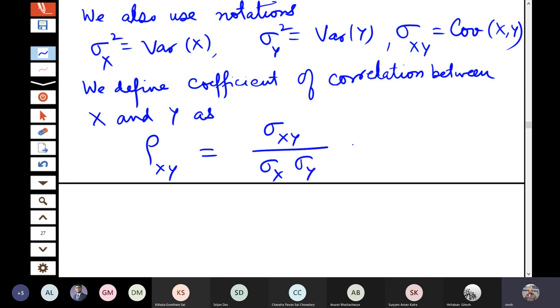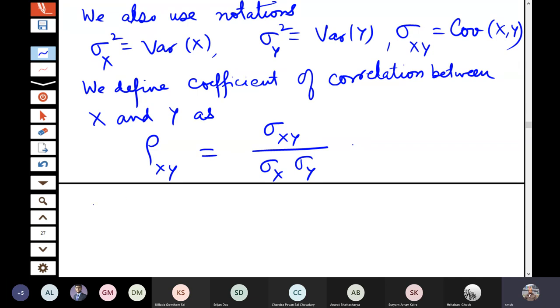That is the covariance divided by the standard deviations. That is defined as the coefficient of correlation between random variables x and y. Let us look at the interpretation of this, that what does it mean? What does it actually represent in terms of the numerical values of the random variables x and y?